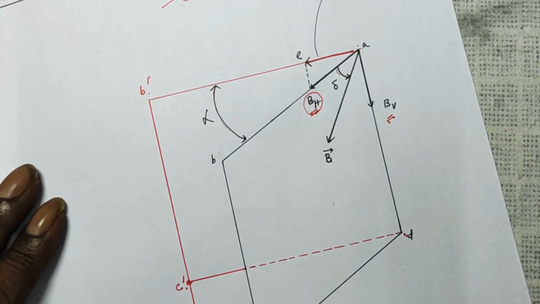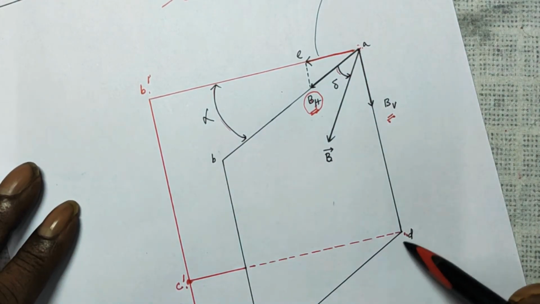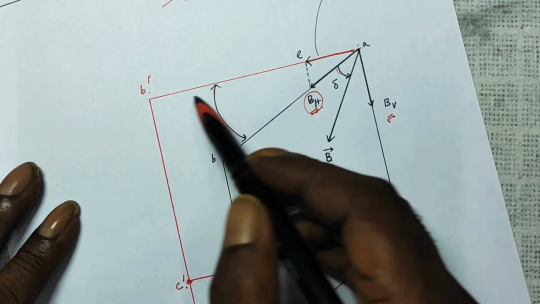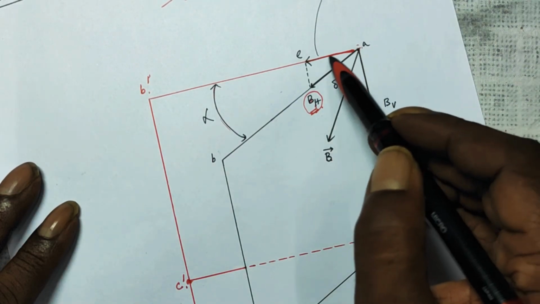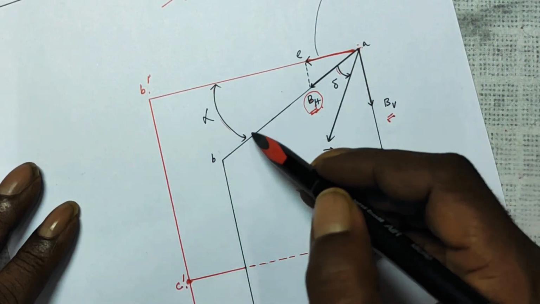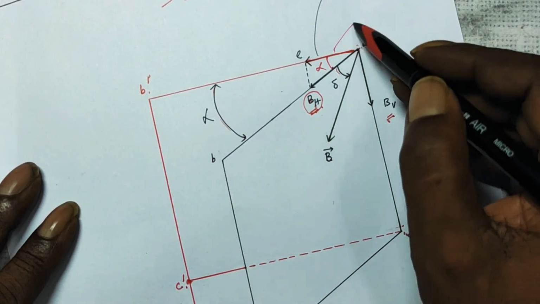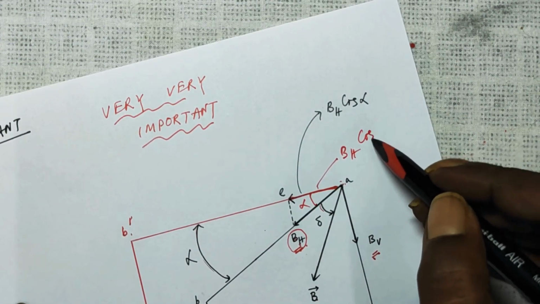This angle is alpha, so this angle is also alpha. So from A to E, this will be BH cos alpha.